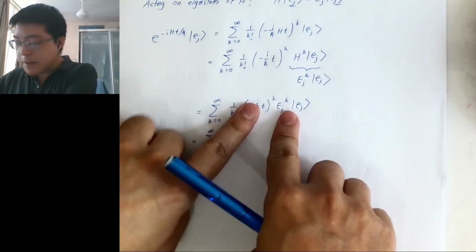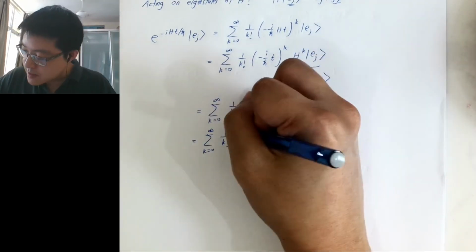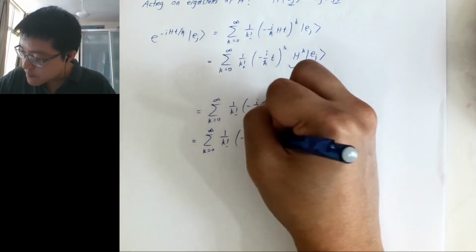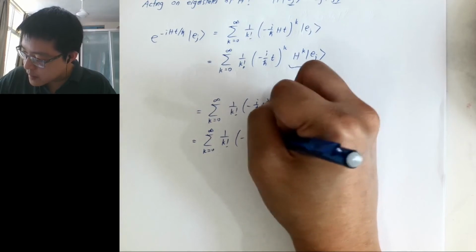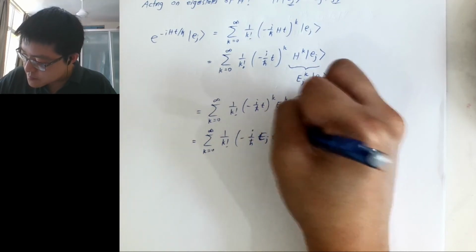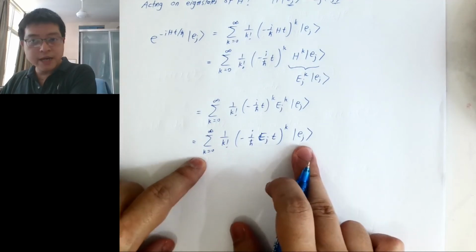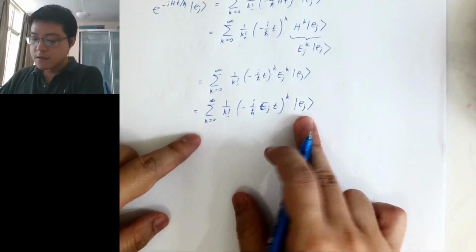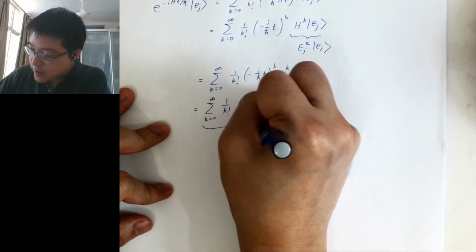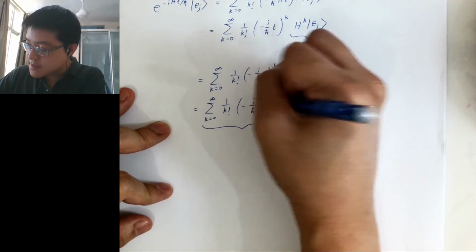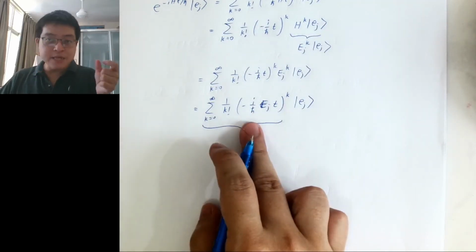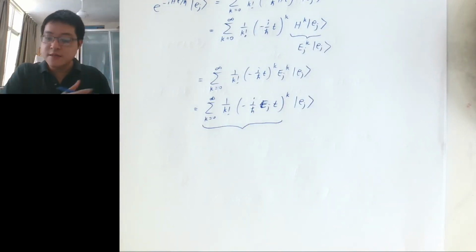Everybody here is to the power k, so this whole thing is to the power k. Let me just rearrange this, and this whole thing is multiplied by my state E_j. Now this is no longer an operator. This is just a number, and if it's a number, then this is the usual Taylor series.